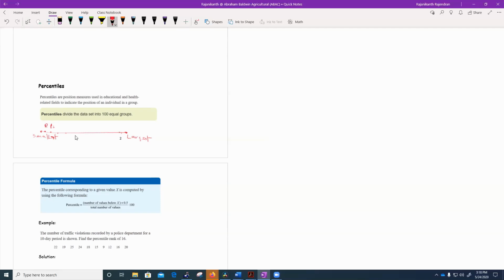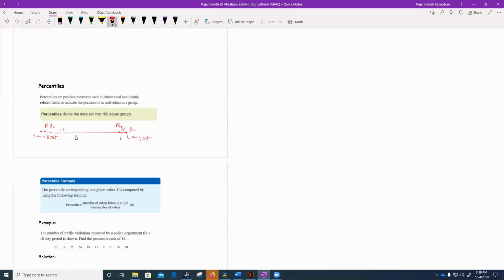So if you do it correctly, this is going to be P99, the 99th percentile. So that means the gap between 2 points is basically 1%, right? So I'm dividing the entire data set into 100 pieces: P1, P2, P3, P4, and so on. This is P99, and the last one is, of course, P100, right?